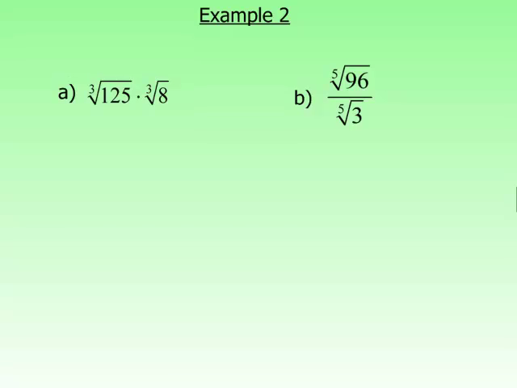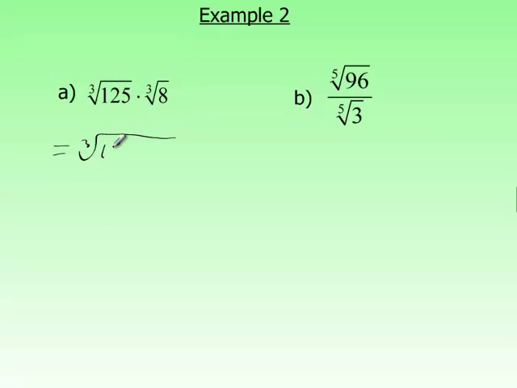For instance, here I have a is the cube root of 125 times the cube root of 8. So when I evaluate something like this, I can just work these out individually and then multiply them together, or I could just multiply these together and then find the cube root.